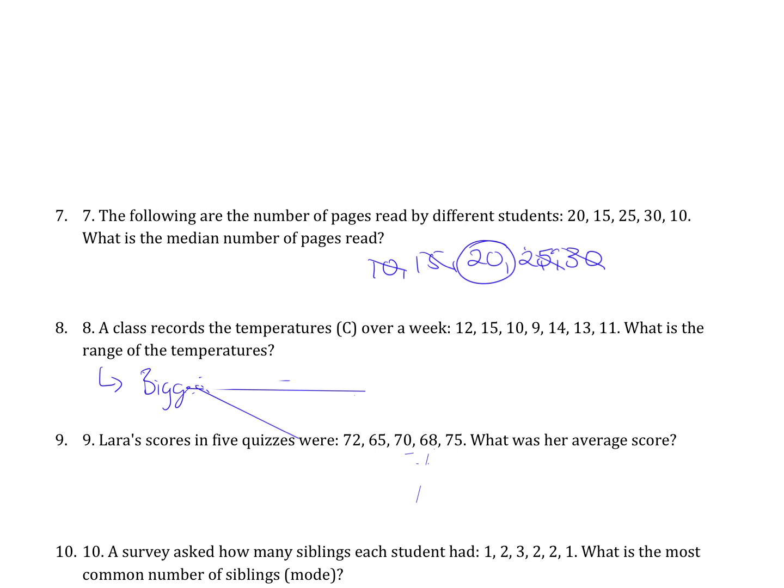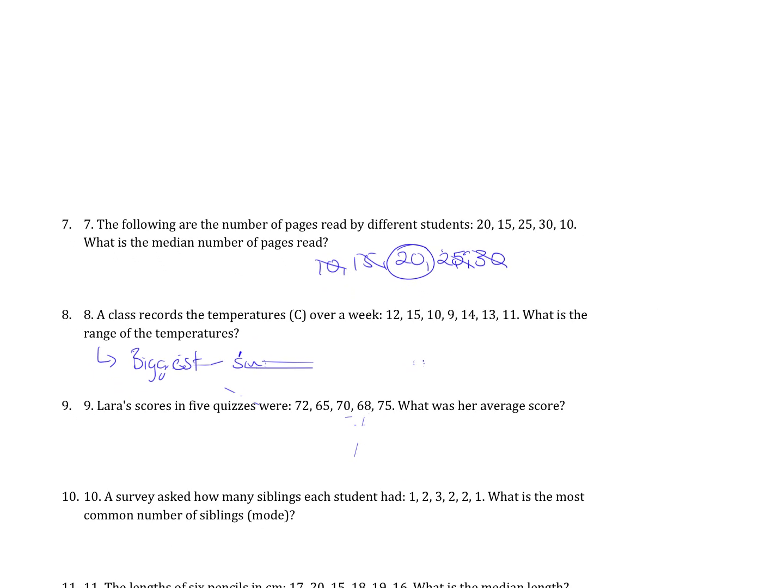Okay, so it's your biggest number minus your smallest number. So what is my highest temperature and what is my lowest temperature? 15 and 9. 15 minus 9 gives me 4. No, 6. Okay, so that is my range in temperature.